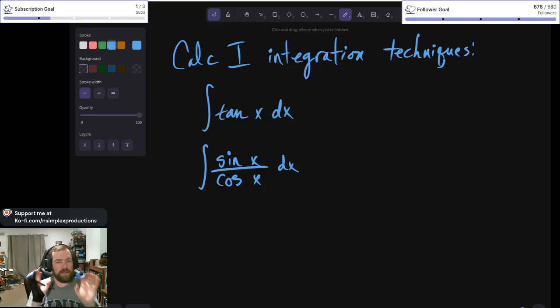Okay, not immediately on the surface level, because again, you don't have a simple derivative-antiderivative pair here. However, what you do have here is a function which is in a slightly awkward place.